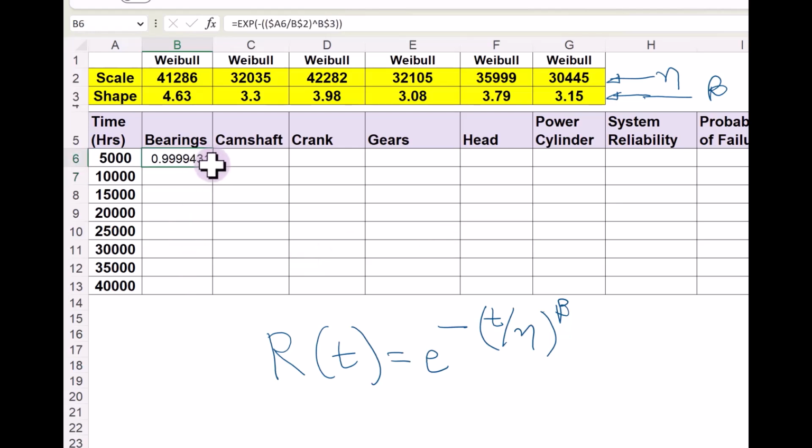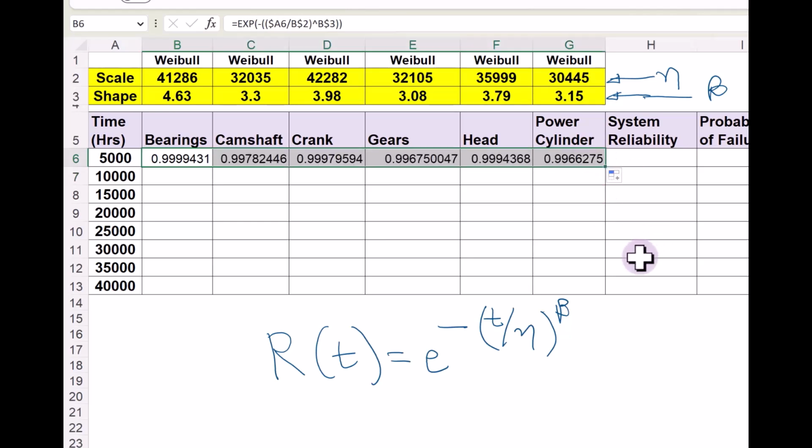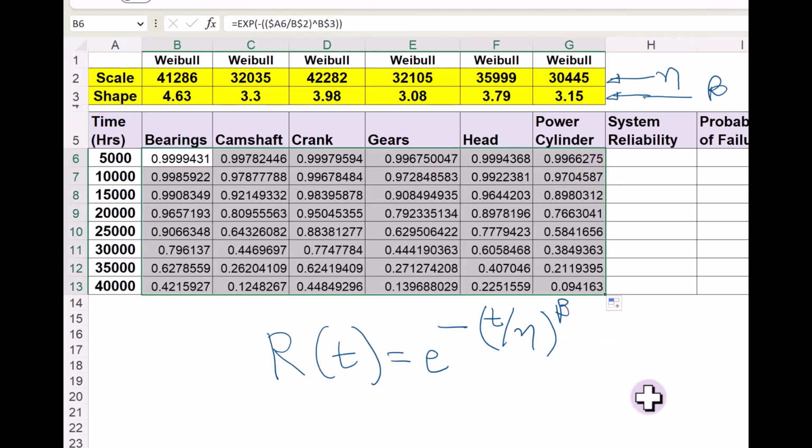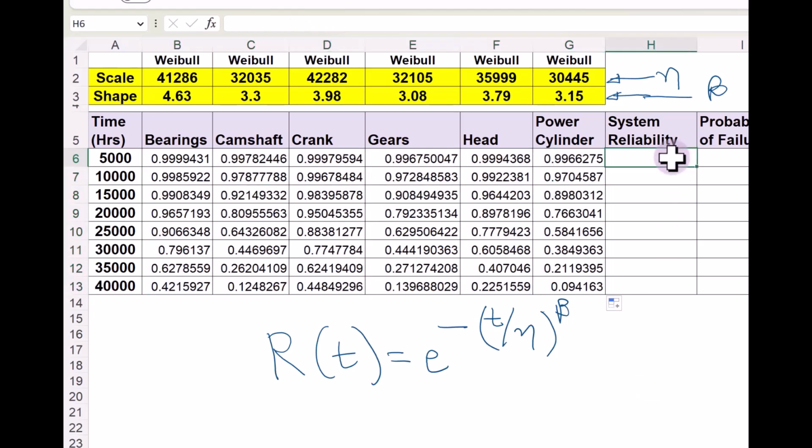And when we copy this now, we should get reliability of all the 6 failure modes, and then we copy vertically up to 40,000. So we have estimated the reliability or durability for all the failure modes from 5000 to 40,000 hours. Now the system reliability is just a multiplication of all, because they are in series: if any of the failure modes occurs, the system requires a complete overhaul.